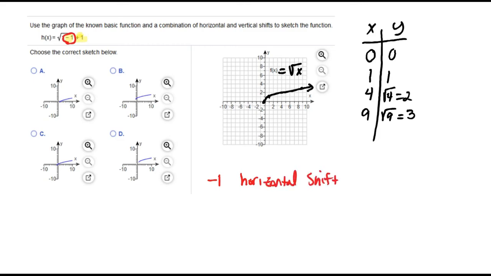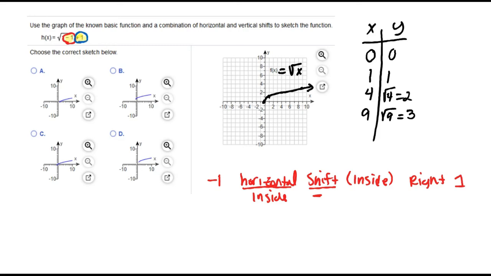I know it's a horizontal shift because it's inside the radical. And I know it's a shift because it's subtraction. So the subtraction part is what makes it the shift, and the fact that it's inside is what makes it horizontal. And then because it's a minus 1, a minus moves to the right. And we're going to go to the right one.